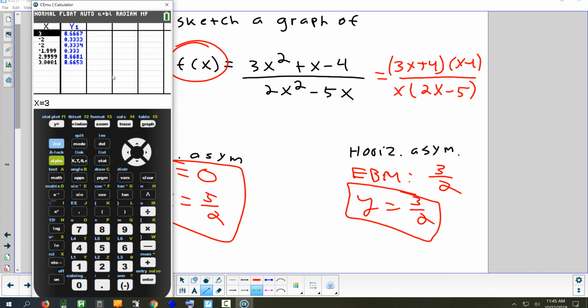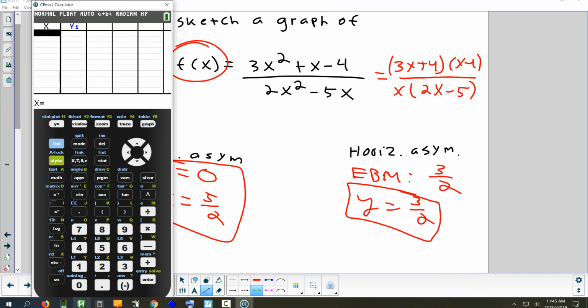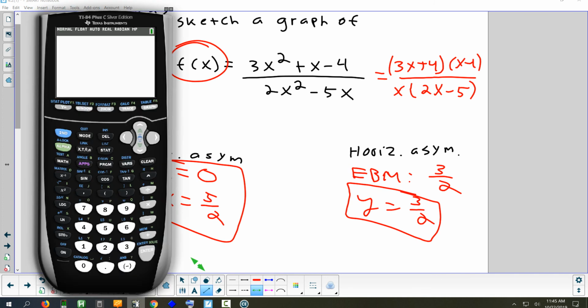All right, so now let's pick a number that's very close to one of my asymptotes. What was one of them? 0. Sometimes when I open and close it, that helps. I'm going to use a different calculator. That's okay. 1 second, please.